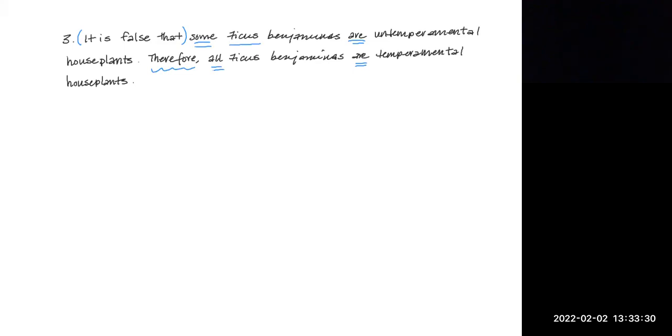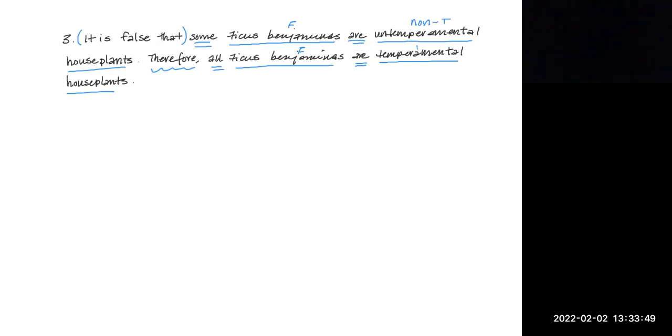You want to look for term complements as well. So Ficus benjaminus and Ficus benjaminus are the same, but temperamental houseplants and untemperamental houseplants are term complements. The un will be the non, and you can use T to represent temperamental.